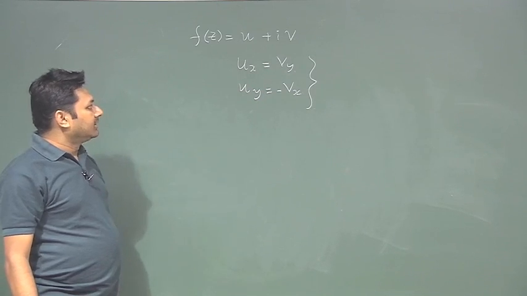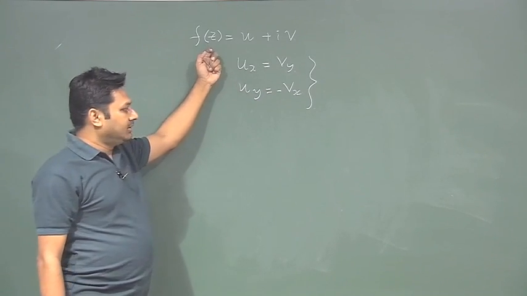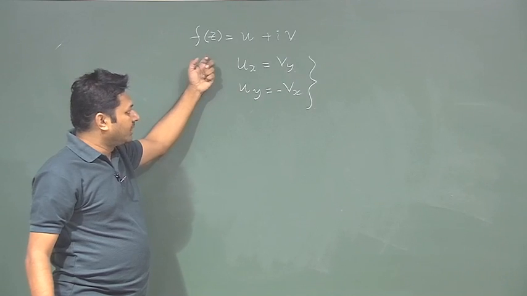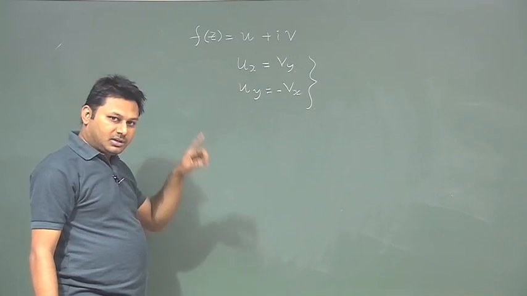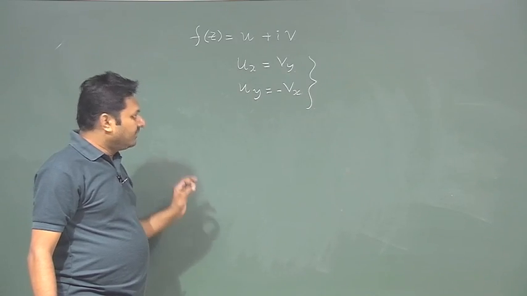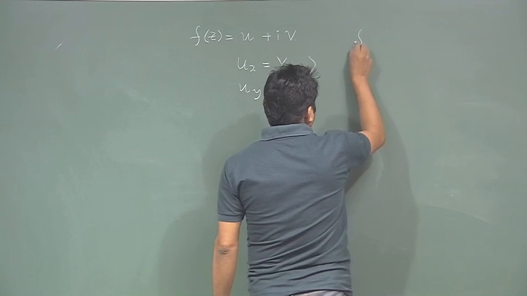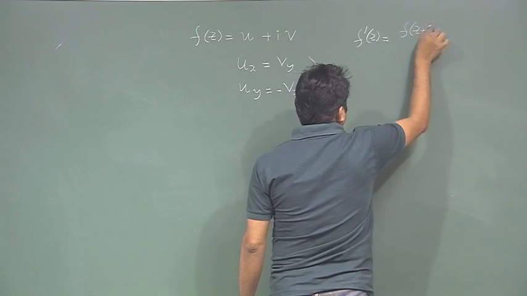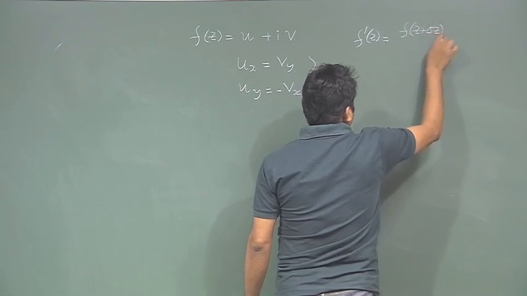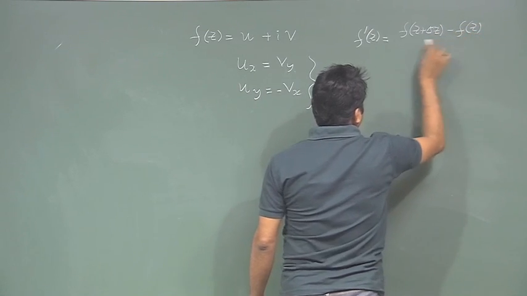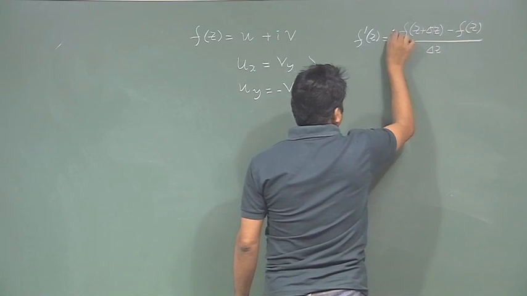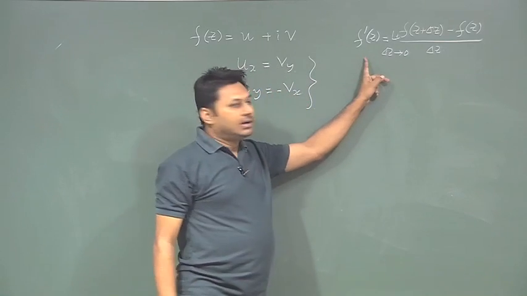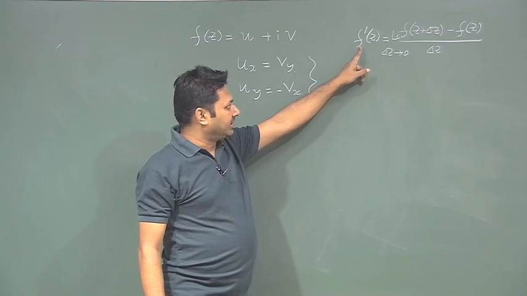For analyticity the derivative is important, because the analyticity of a function means that it should have a derivative at a particular point, and not only that, in the neighborhood of that point. So, if you remember, f prime of z is defined as f of z plus delta z minus f of z, divided by delta z, limit delta z tends to 0.